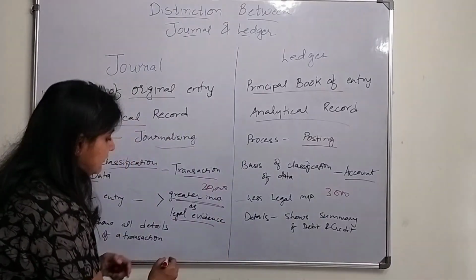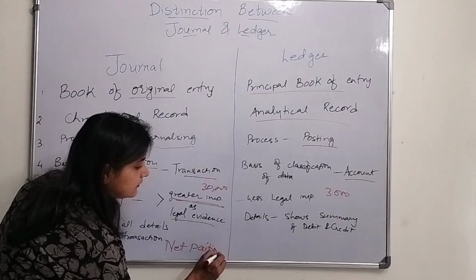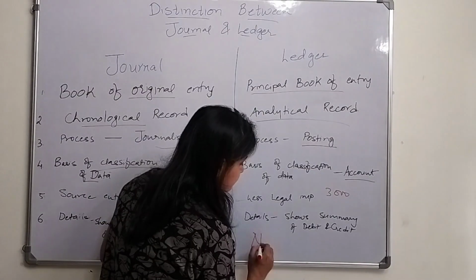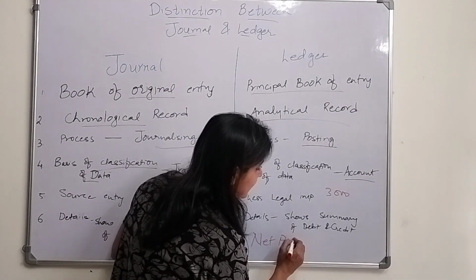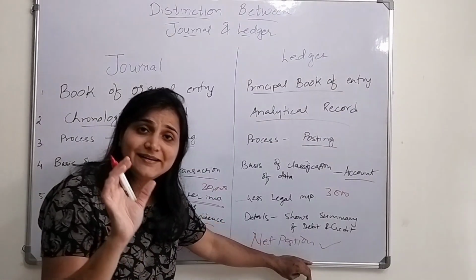So in the journal we won't be able to get the net position, whereas in the ledger we will be able to get the net position of that particular account at a particular time.